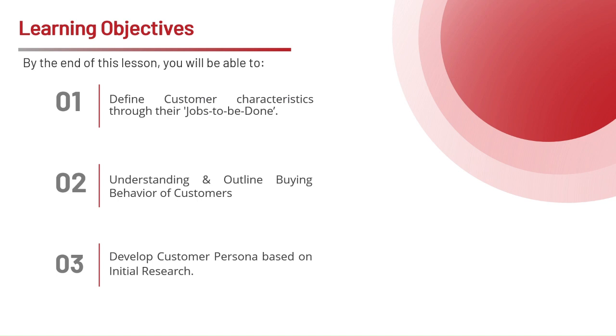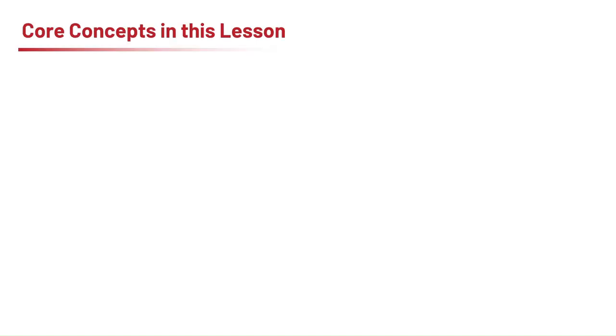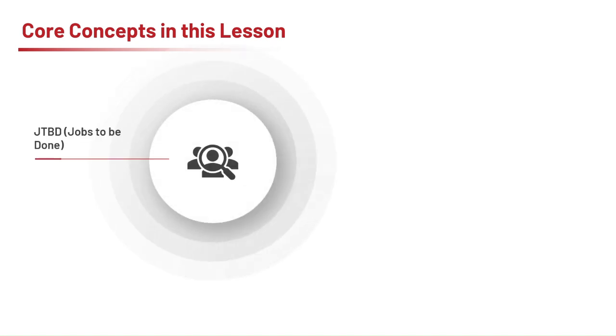What is the objective of this? At the end of this lesson, you will be able to define customer characteristics through their jobs to be done, understand and outline buying behaviors of customers, and develop a customer persona based on the initial results. A customer persona is similar to our empathy map of the customer. Now the core concepts.